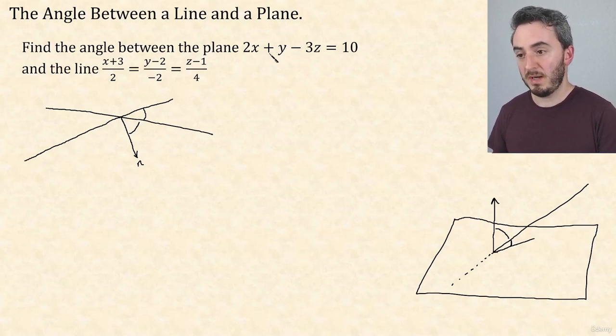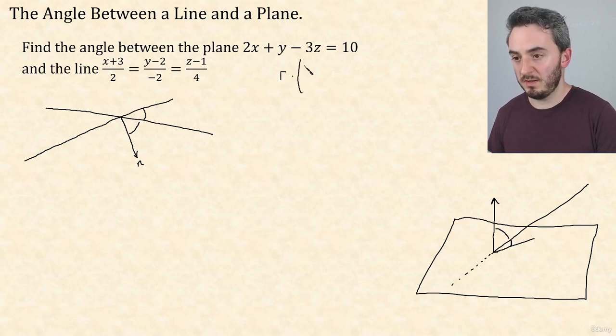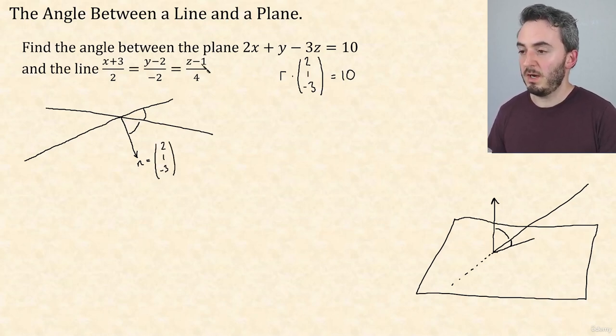Well, our plane is this here. Written out in dot product form, that's r dotted with (2, 1, minus 3) equals 10. So I know that the normal vector to the plane is the vector (2, 1, minus 3). Now, how about the line?